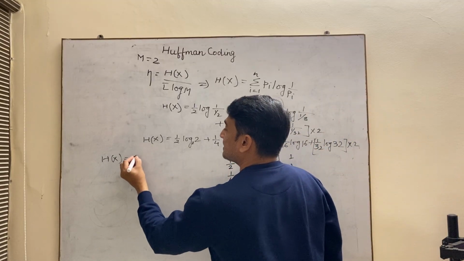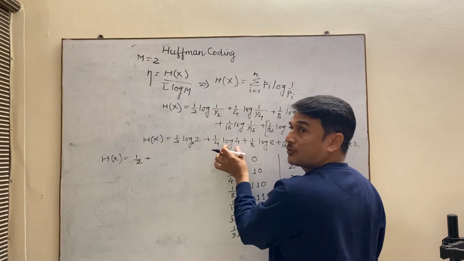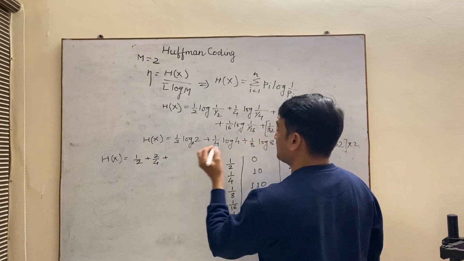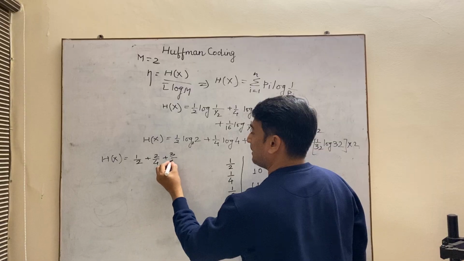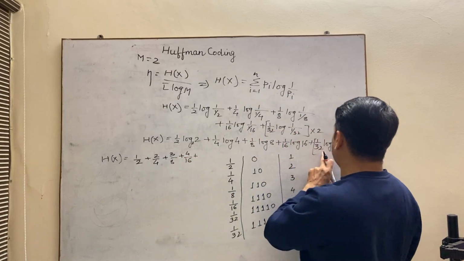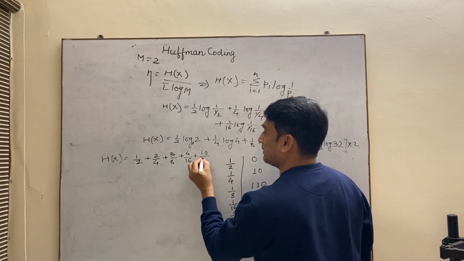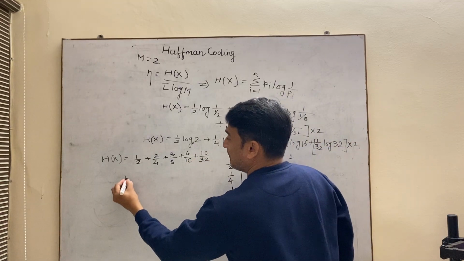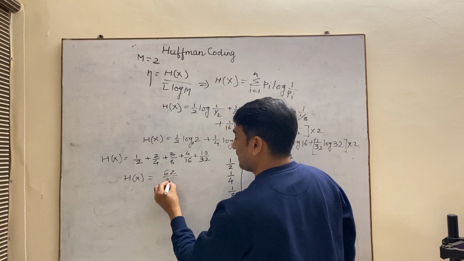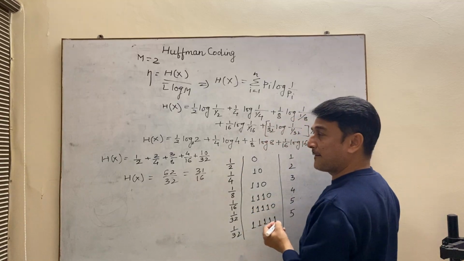So your final answer will be 1 by 2 plus log 4 is 2, so 2 by 4, log 8 is 3, so 3 by 8 plus 4 by 16 plus 5 by 32 into 2, that is 10 by 32. So by solving this you will get 62 by 32 or 31 by 16.